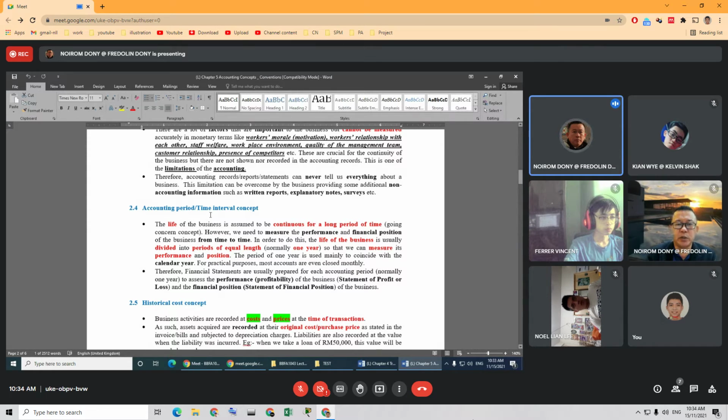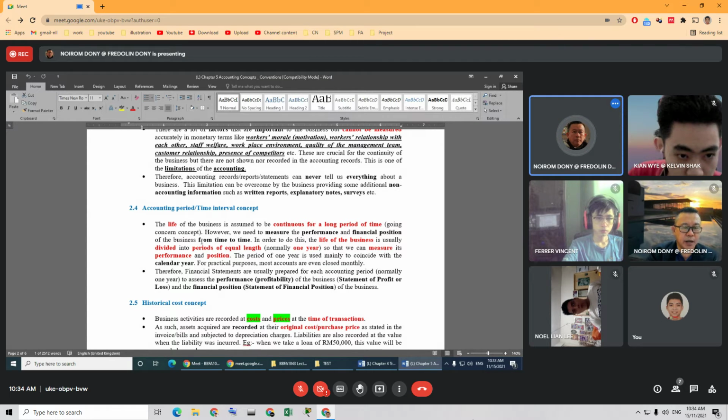So make sure you take note of that, so that whenever the question says briefly explain time interval concept, it is referring to accounting period also. Right? Would you be able to explain? No one? If this question comes up in the exam, briefly explain time interval concept.